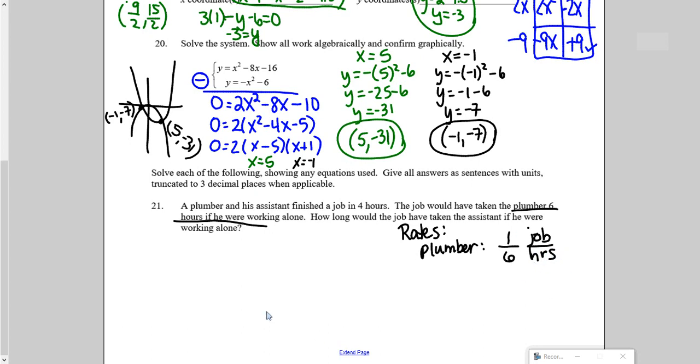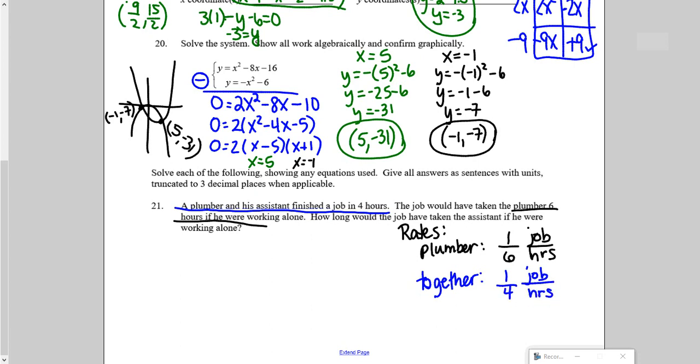Now together, the plumber and assistant do the job in 4 hours. So together, we have one job in 4 hours.